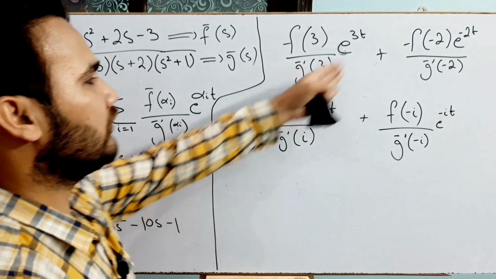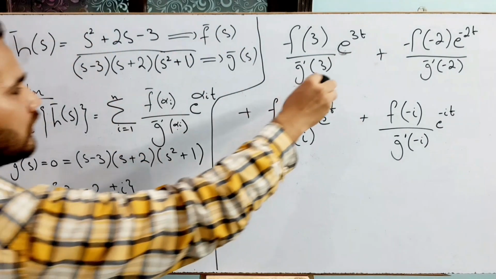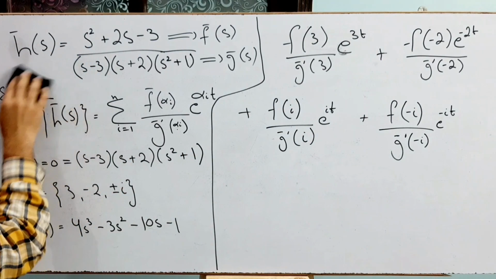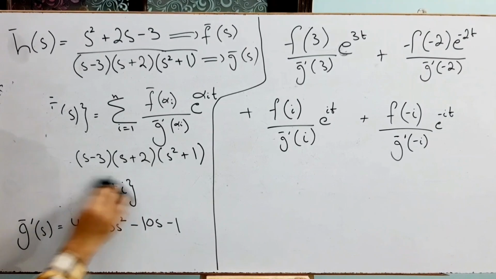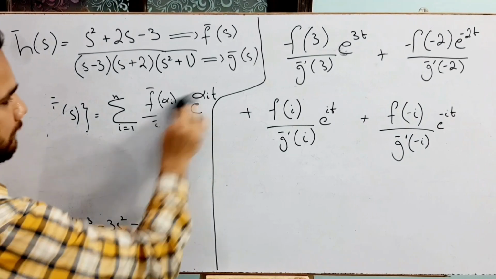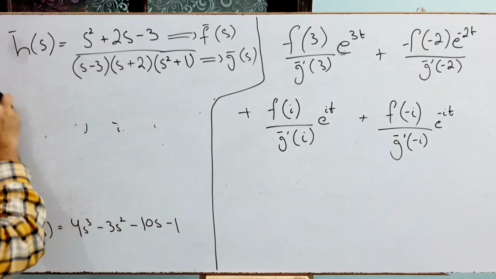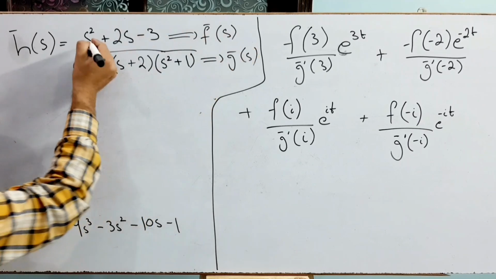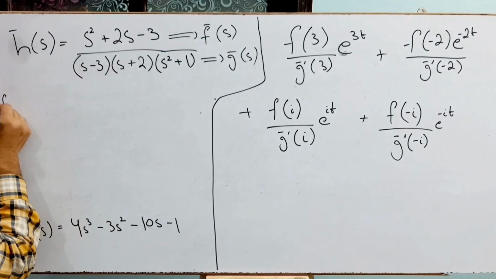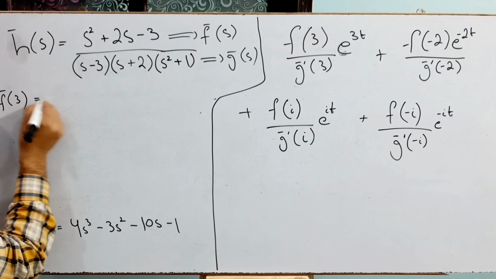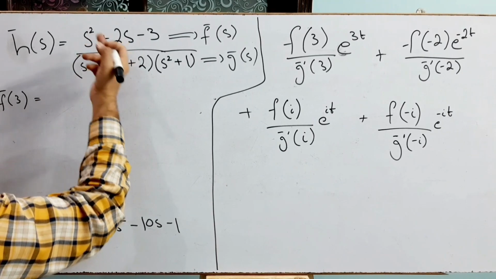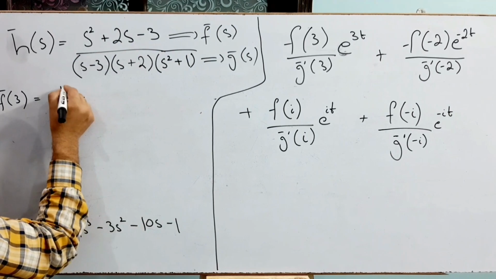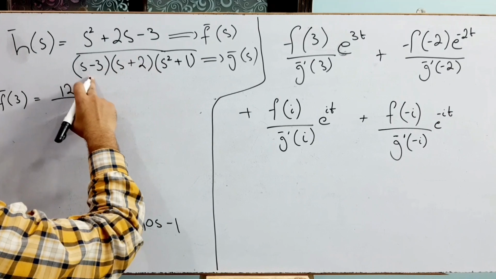Now we have to compute these 4 terms. I am going to evaluate the first term, then the second, then the third, and so on. For f of 3, 3 squared is 9, plus 2 times 3 is 6, and minus 3, so 12.